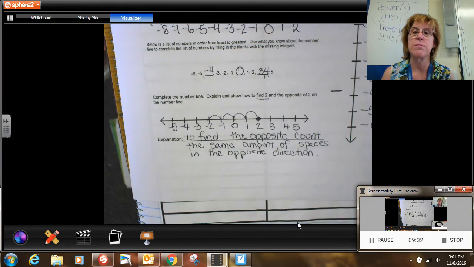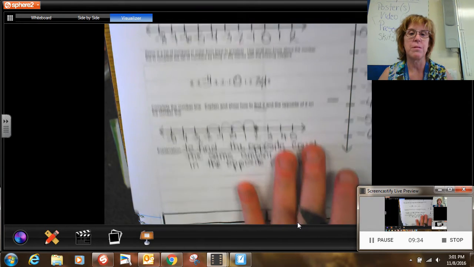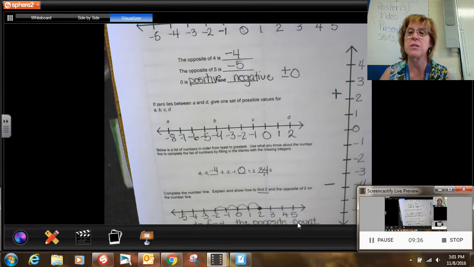And there you go. That is how to get numbers in their opposites. And we're going to talk a lot about this week and practice with this week. This is just to give you a good idea of what it's like.